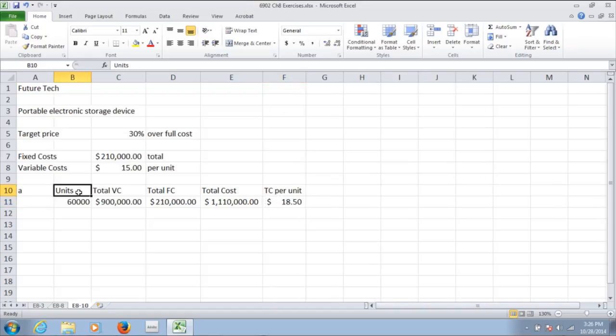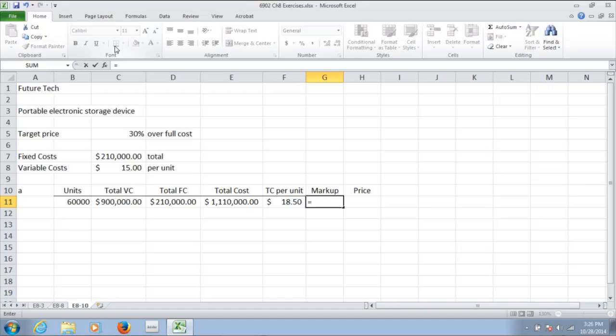So as we take care of the spreadsheet a little bit here, our total cost per unit would be $18.50. Then we can do this in two steps: the markup and then the price.